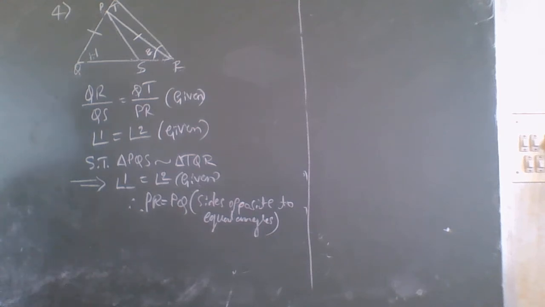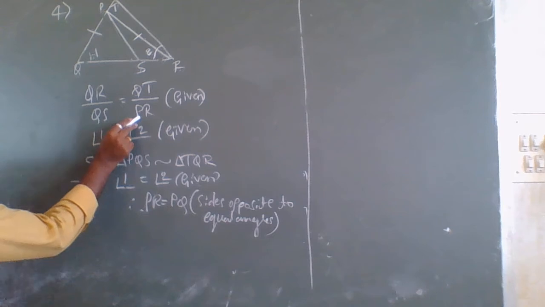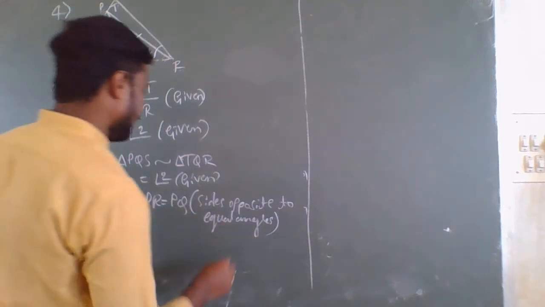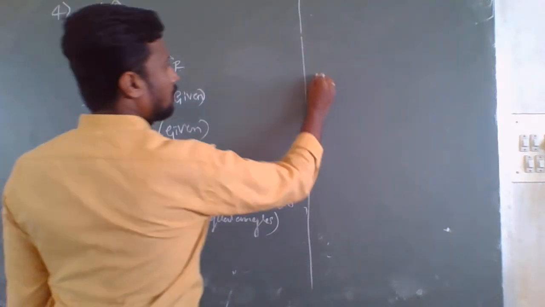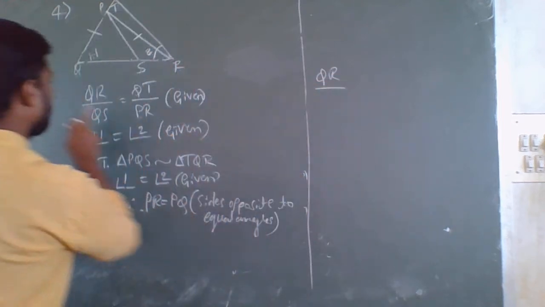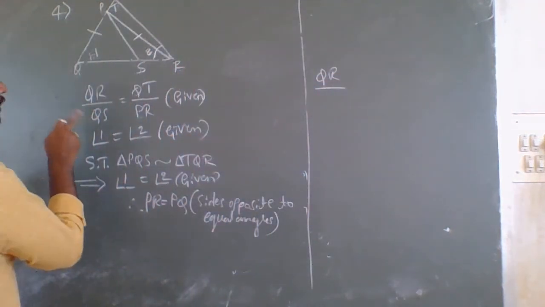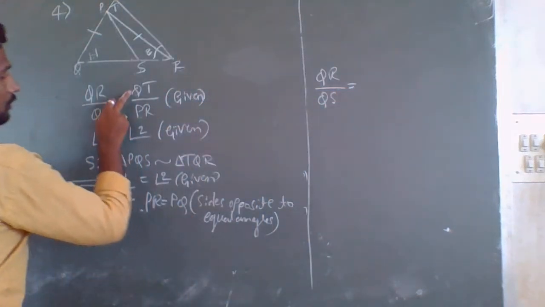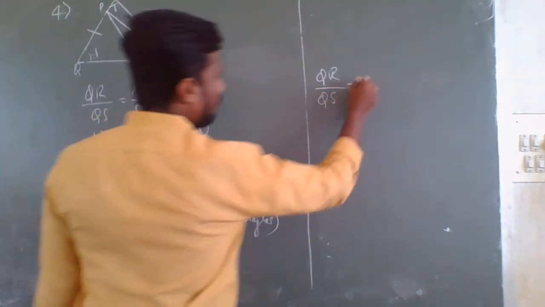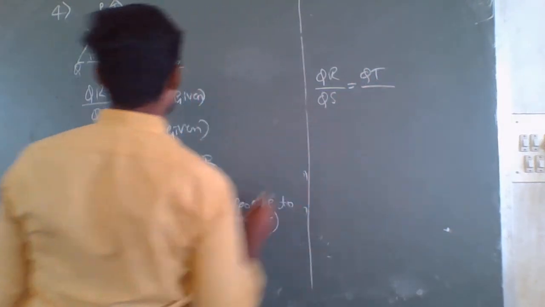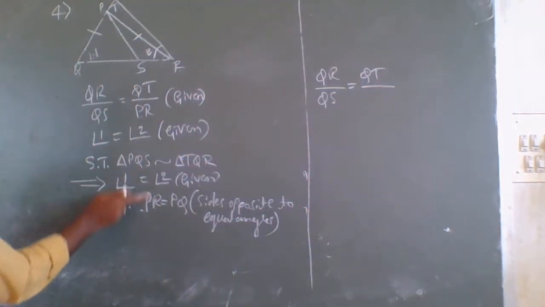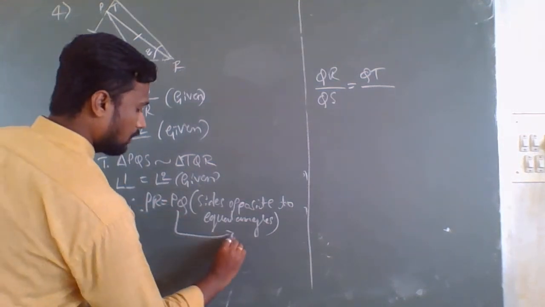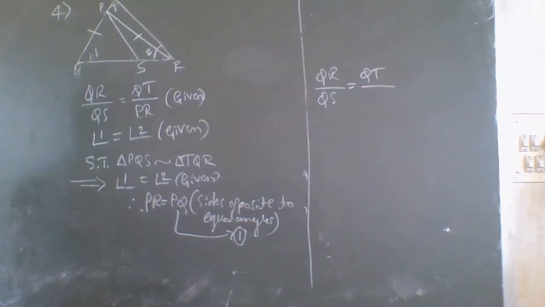Now, if PR is equal to PQ, we can write QR by QS as it is, QR by QS equals QT by PR. In the place of PR, we can write PQ, since PR is equal to PQ. I will consider this as 1.